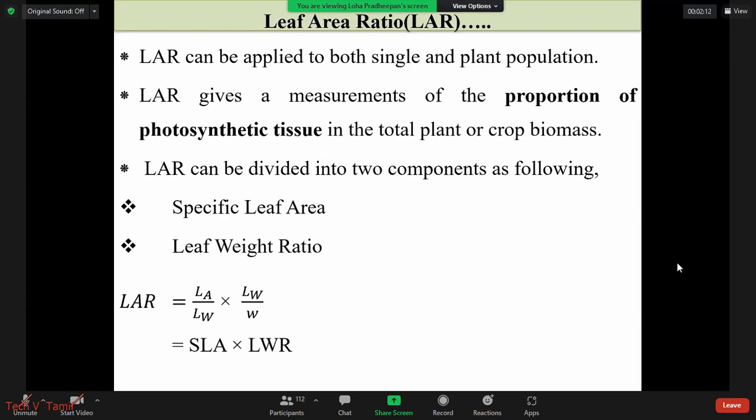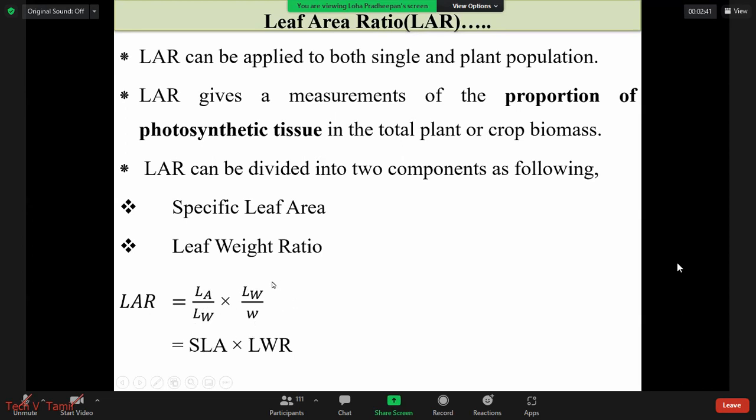But in leaf area ratio, what is that? Leaf area over plant weight. So this single leaf weight can be cancelled, and the one we are able to get, the leaf area over leaf weight, is specific leaf area.